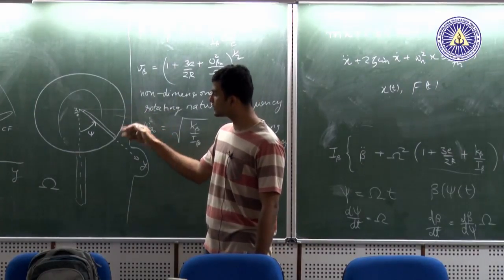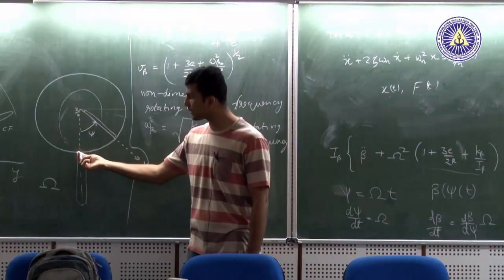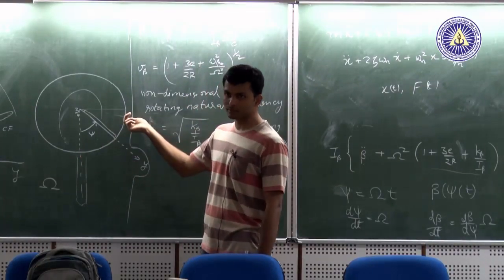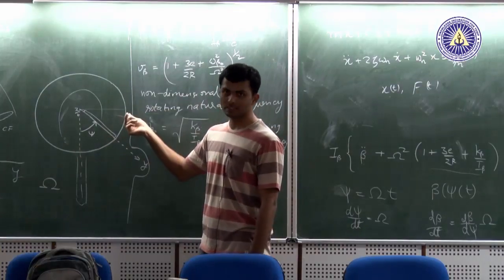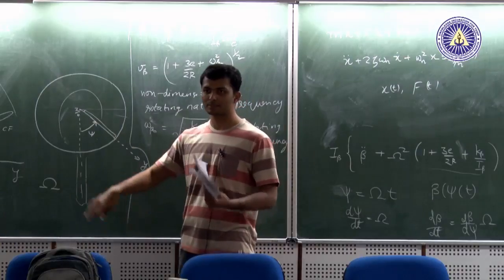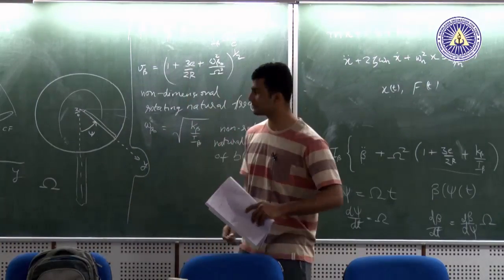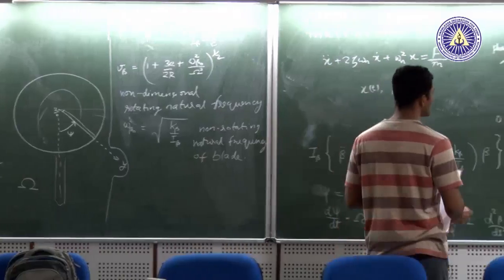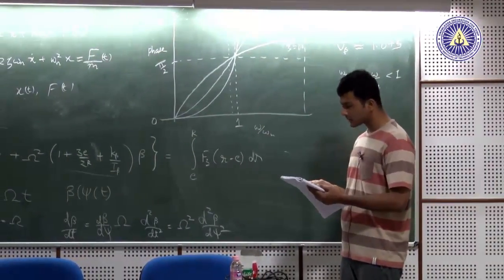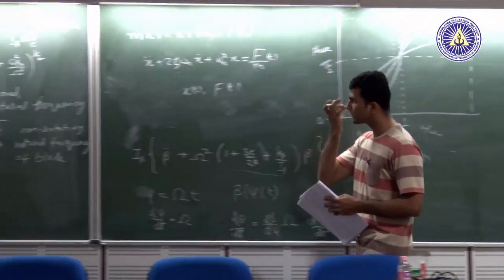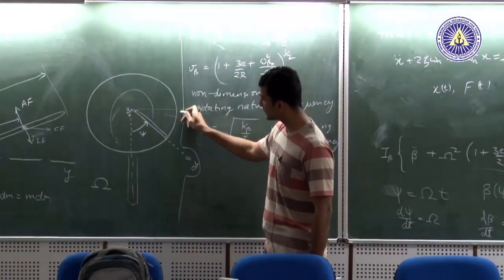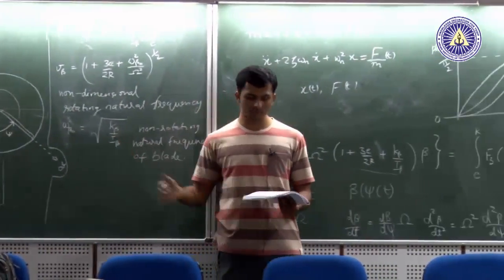But you should always know that the point where the blade is subjected to maximum force and the point where you get the maximum deflection are off by almost 90 degree. If you don't take into account this part, then you cannot even stabilize your system. So that's about the rotor design. These are the parameters that one can play around with, and you can look at the phase shift associated with the blade.